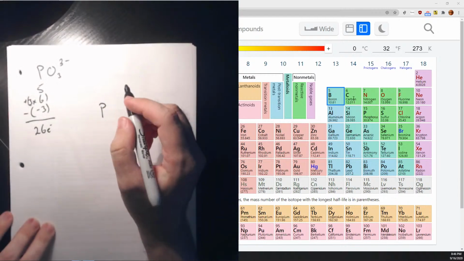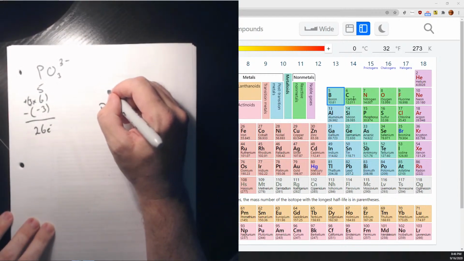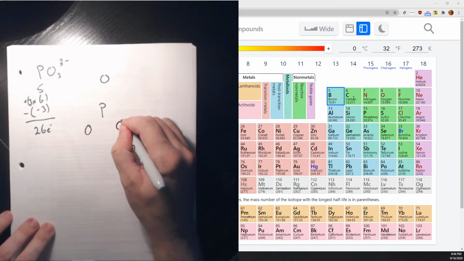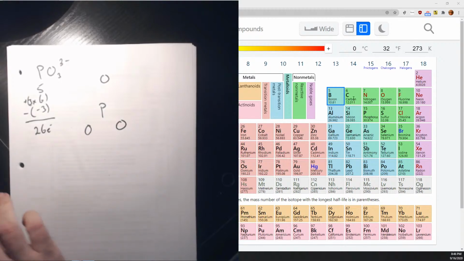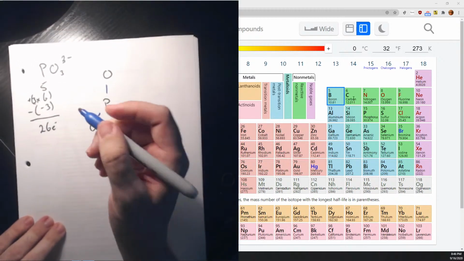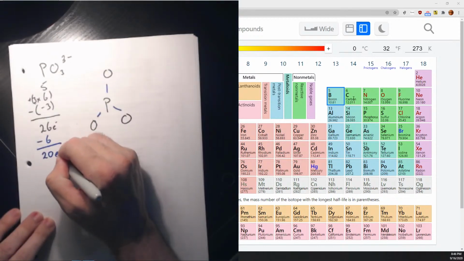So phosphorus goes at the middle. Then we have oxygen, oxygen, oxygen. Single bond, single bond, single bond. So we lose 6, leaving us with 20 electrons.